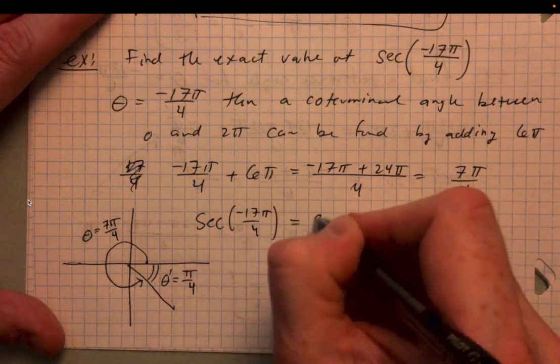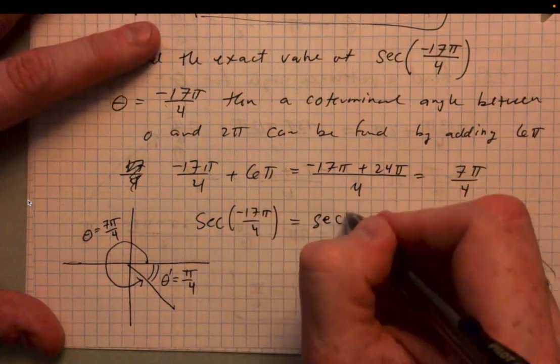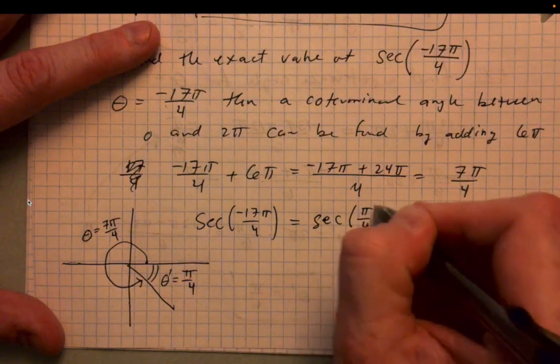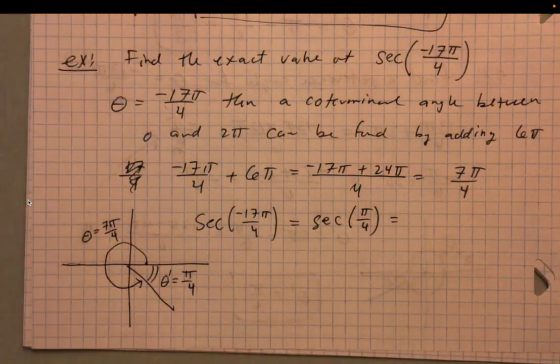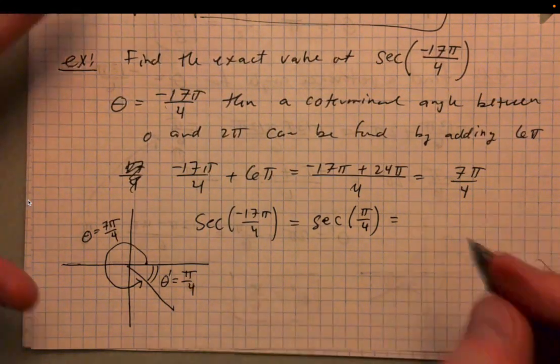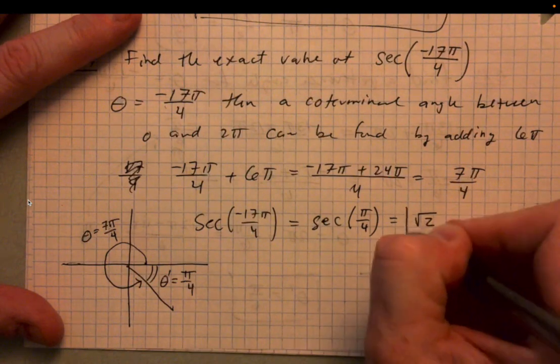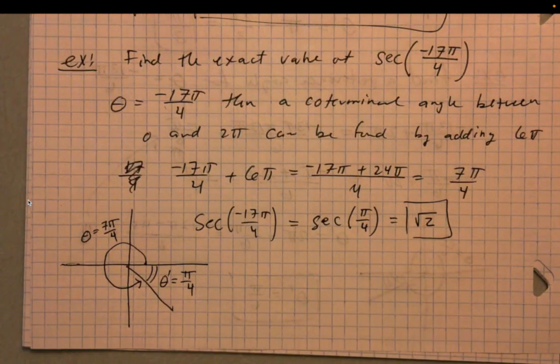That's going to be equal to the secant of pi over 4. Right, and if you look back into your notes, you'll find that the secant of pi over 4 is equal to the square root of 2.